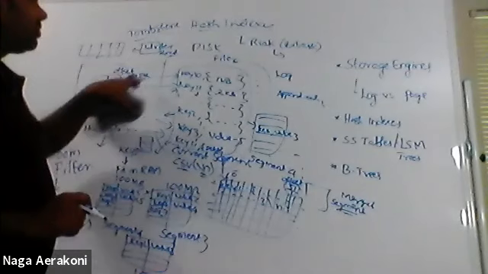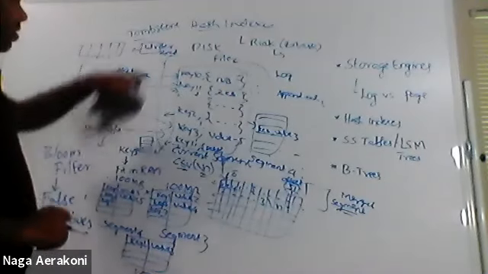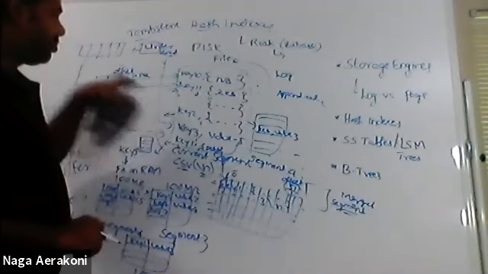So before wrapping this up, I just wanted to mention one of the disadvantages we can think of in hash indexes: since the keys are not arranged properly, you just keep on appending, right? You don't maintain any order.